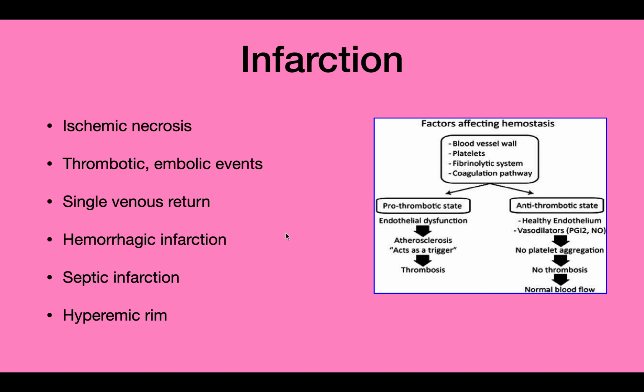Blood is still not going where it needs to go, but there's no blockage. It can also be caused by sepsis, and these are the factors affecting the hemostasis. Once again, coagulation pathway, prothrombotic, antithrombotic. Infarction, you want to be giving them the antithrombotics.